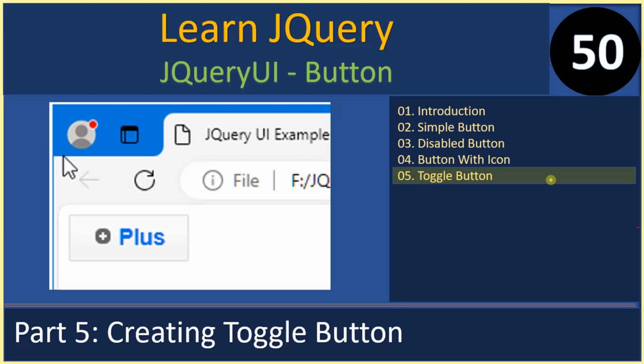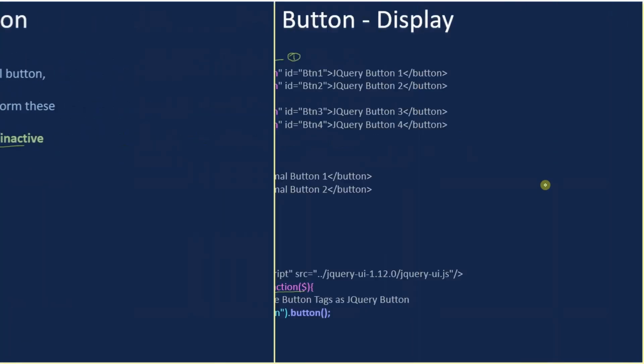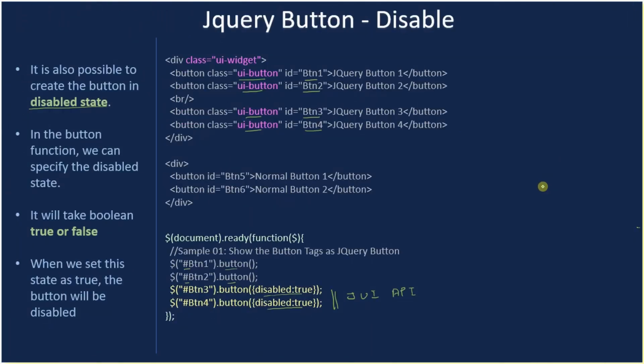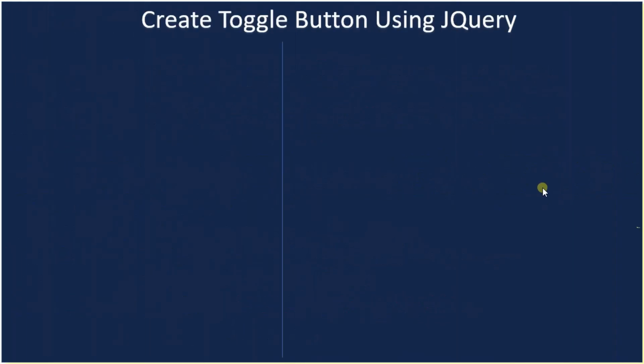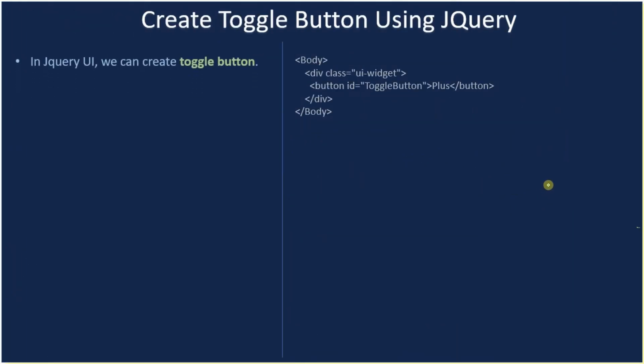In this video, we will see how to create a button as a toggle button. In jQuery UI, we can create a toggle button.